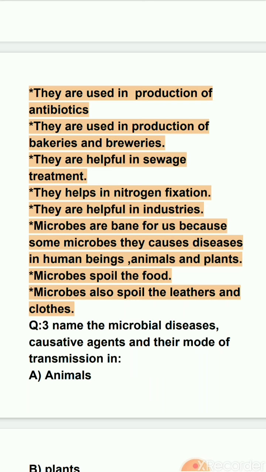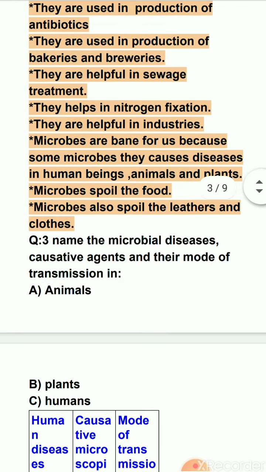Some microbes cause diseases in human beings, animals and plants. They also spoil food. Some microbes also spoil leather and clothes. So if microbes are a friend for us, at the same time they are a foe, that is, an enemy or harmful for us.